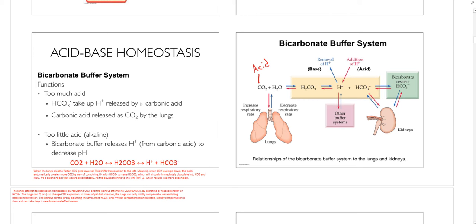So as we retain CO2, we're going to make our body more acidic, which means our pH is going to go down. H2O is just simply the partner that links up with CO2. It doesn't really have any other part to play in this. So with the lungs, if we were to hold on to CO2, we would become more acidic. If we were to blow off CO2, we would become more alkalotic because we're getting rid of acid from our body.